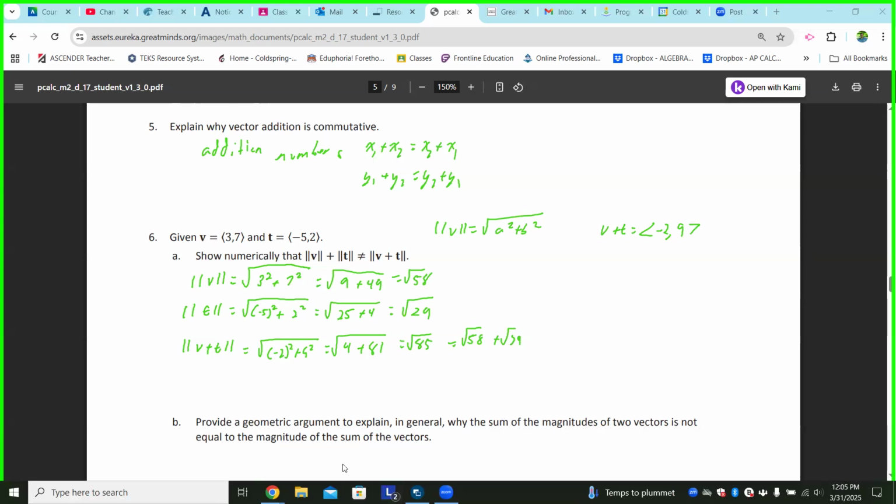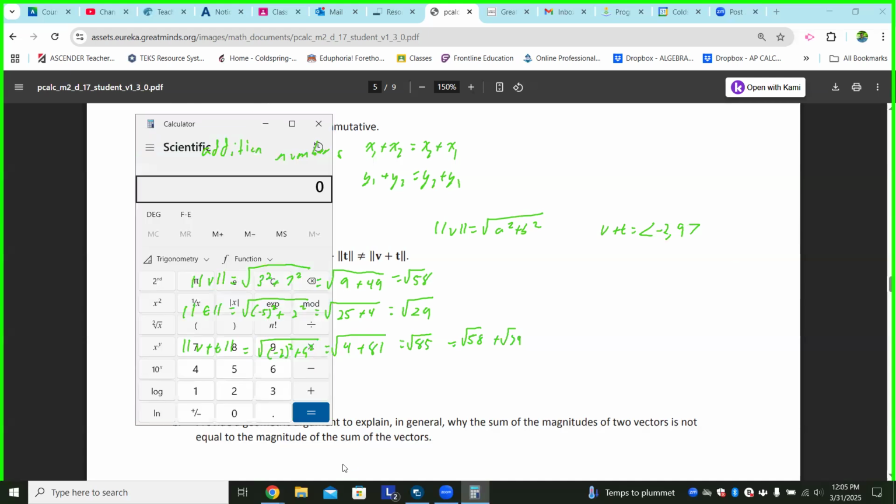All right. I want to get my handy dandy calculator real quick. A little four function calculator. Now I'm just going to do 58 square root of that plus 29 square root of that. And I get about 13. All right, so I'll come over here and I get 13 point blah, blah, blah.